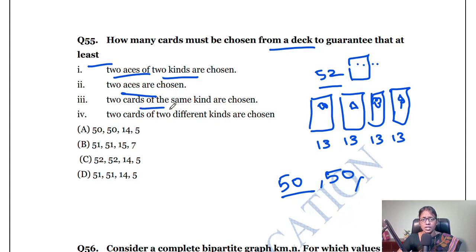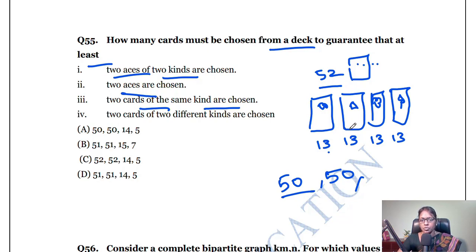The next one is 2 cards of the same kind are chosen. That means A, 2, up to 13. So A, 1, 2, 3, 4, 5, 6, 7, 8, 9, 10 and J, Q, K. If I take another card, it will be the same as A or 2 or 3 or 4.